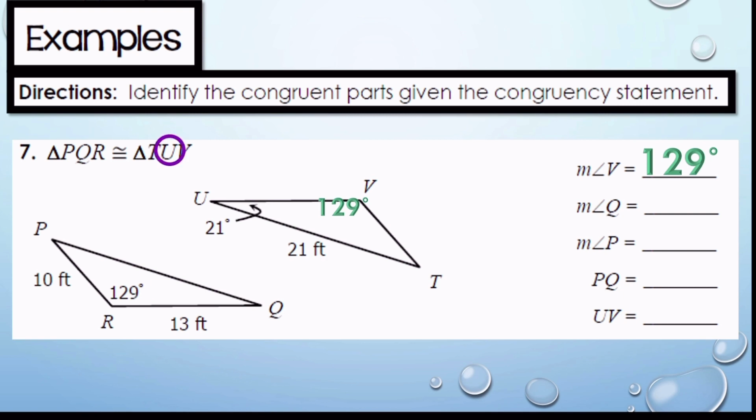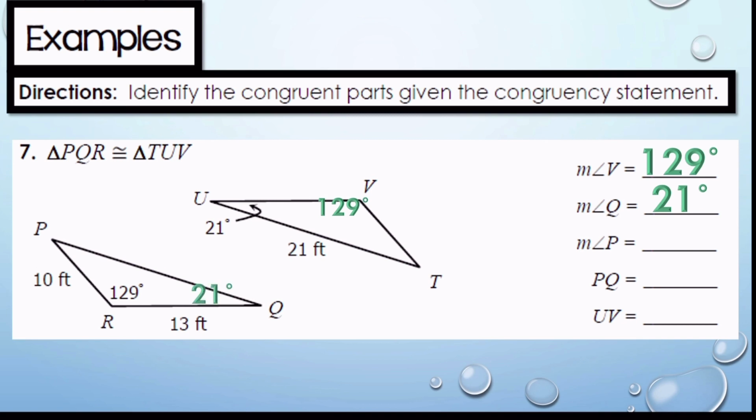Then it wants to know the measure of angle Q. Let's go look. Q and U are sitting in the same position in my congruency statement. So if I look at my two images, look what it told me U was. U's 21, therefore Q is 21.